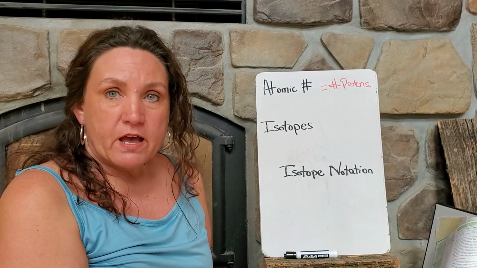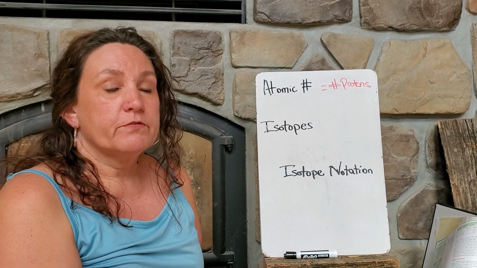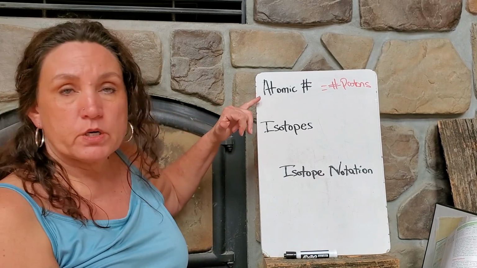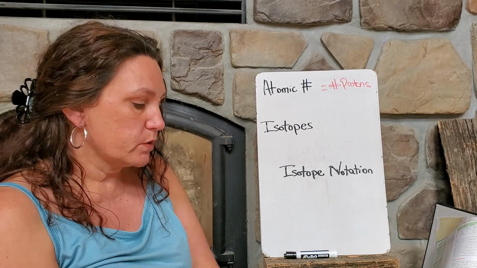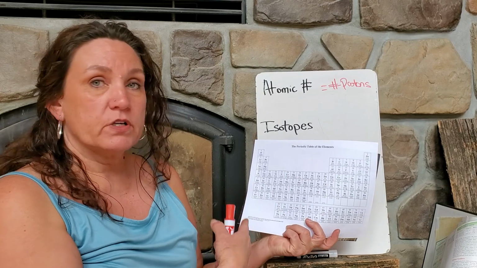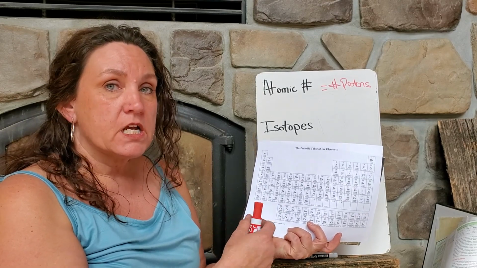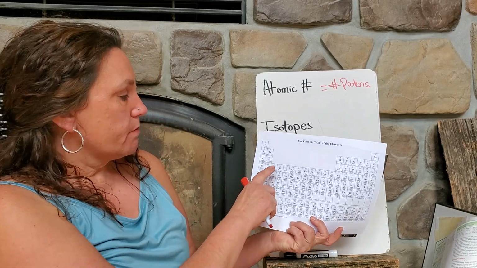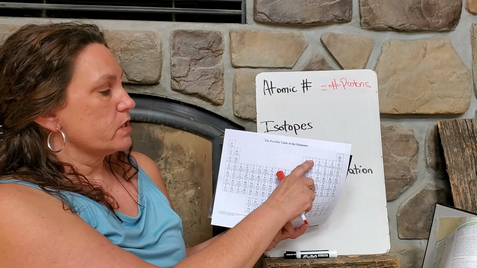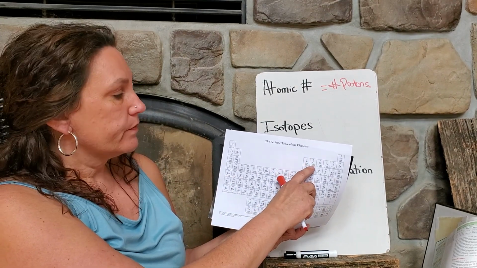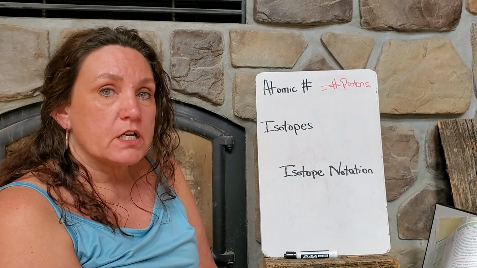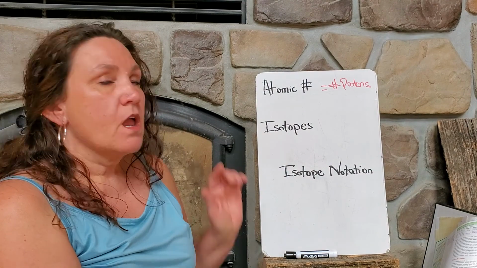You're never going to have a carbon with an atomic number of 5 or 7 or any other number. And if you'll think back to your periodic table, and I have included one in your packet, the atomic number is the whole number. It's the sequence of the periodic table. So here's 6 at the top. There's carbon. So we identify our elements based on their atomic number.